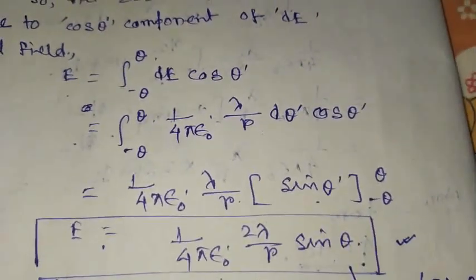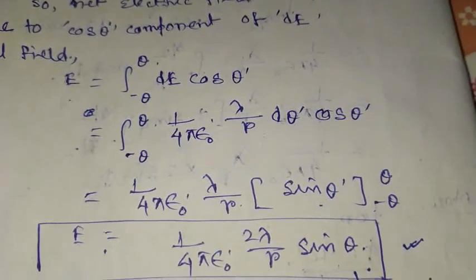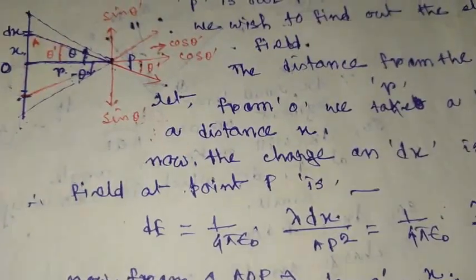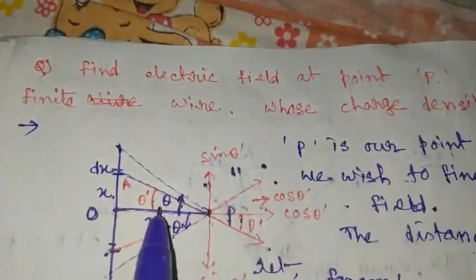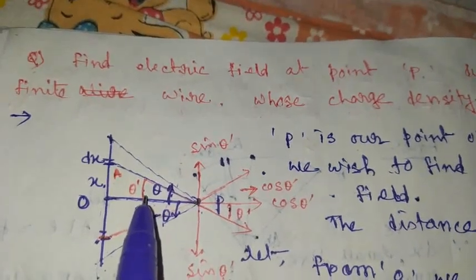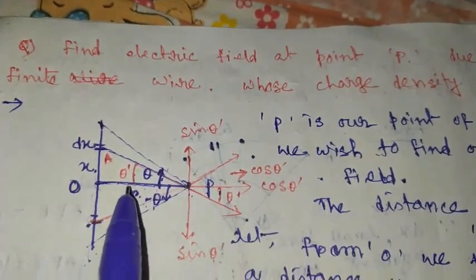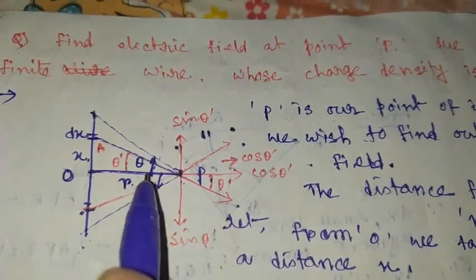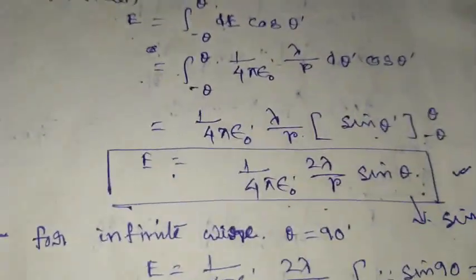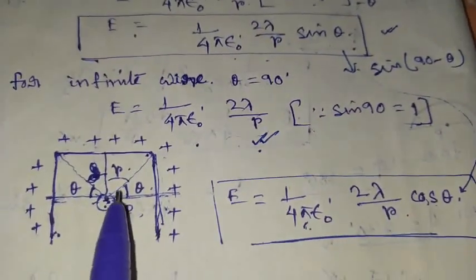And at the same time you have to also remember where the theta is actually situated. You can be confused between this position of theta and that position of theta.